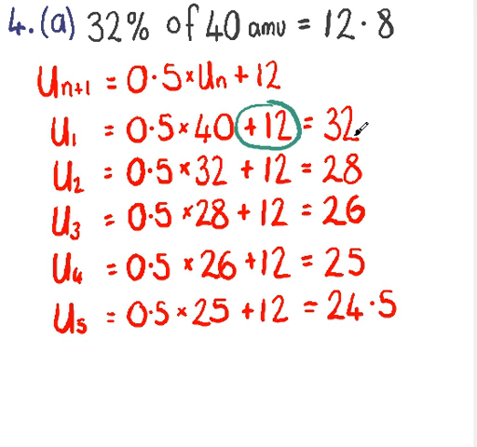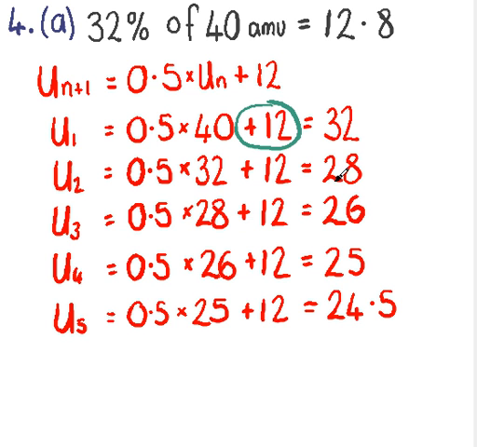So what we need to consider is not the final value at the end of each period, but the value just before 12 was added on. So with this one, 32 was the final value. Just before the 12 was added on, that meant 32 minus 12. That one would have fallen as low as 20, still too high.